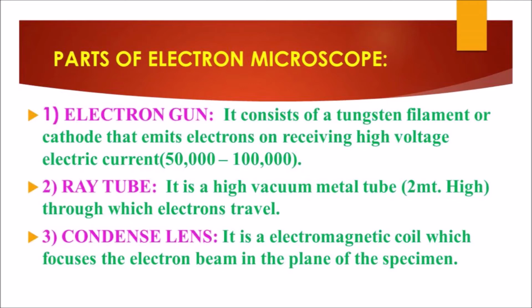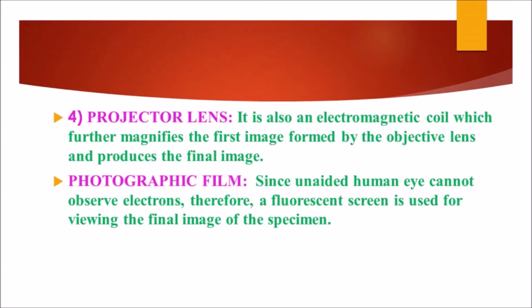The third one is the condenser lens. It is an electromagnetic coil which focuses the electron beam in the plane of the specimen. The fourth part is the projector lens.